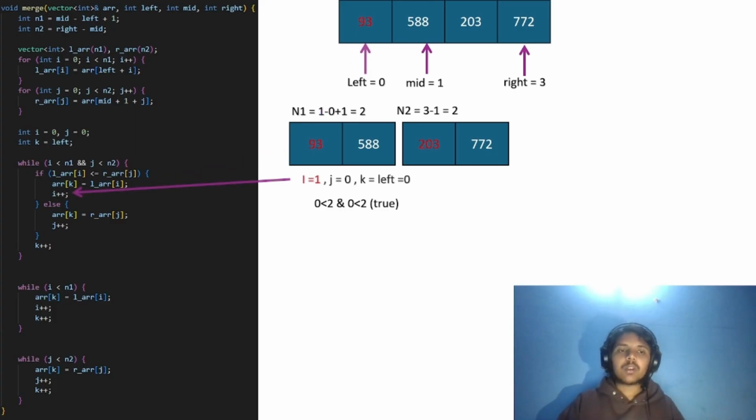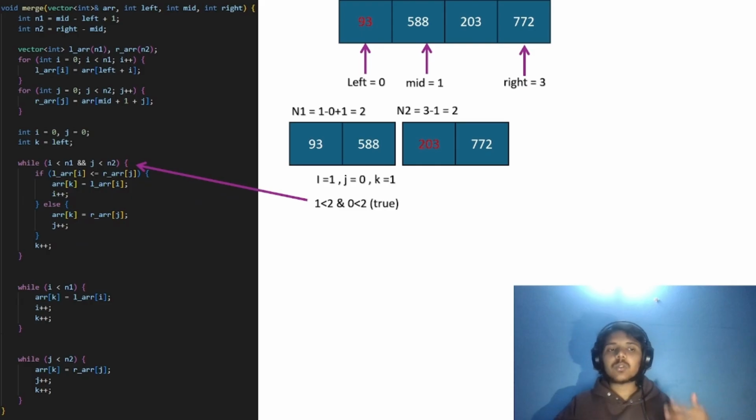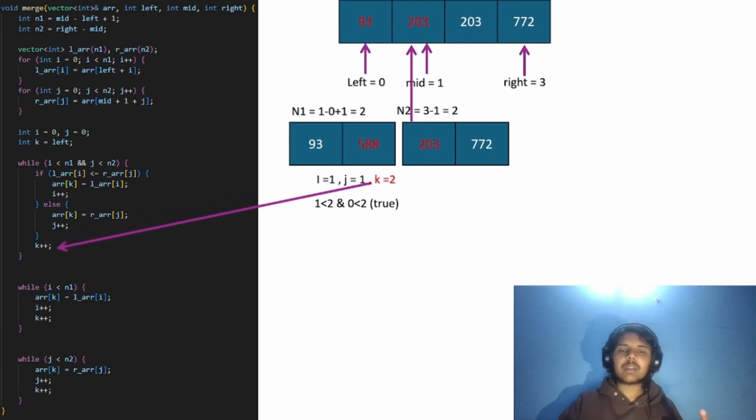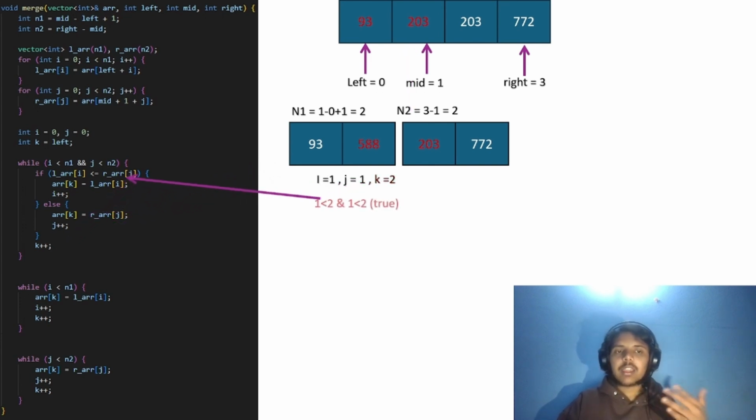The same will happen now. i will be incremented and k will be incremented, and now the iterative condition is checked, which is true, so the iteration continues, and now it's checked between 588 and 203, which will execute the else block statement because 588 is not smaller than 203. So 203 will be stored first, j will be incremented and k will be incremented obviously, and then the iterative condition is again checked, which again is true, so the iteration still continues.